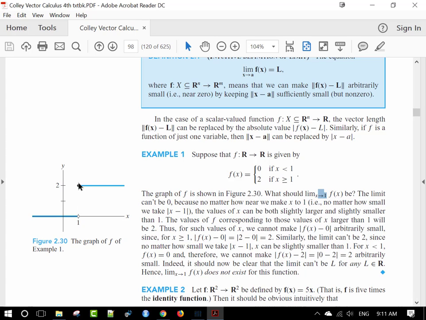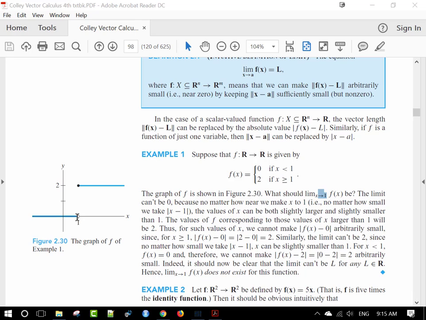Now you may recall that this won't have a limit. You might guess the limit is 0, because no matter how close we make x to 1, we want to know what's happening near 1.